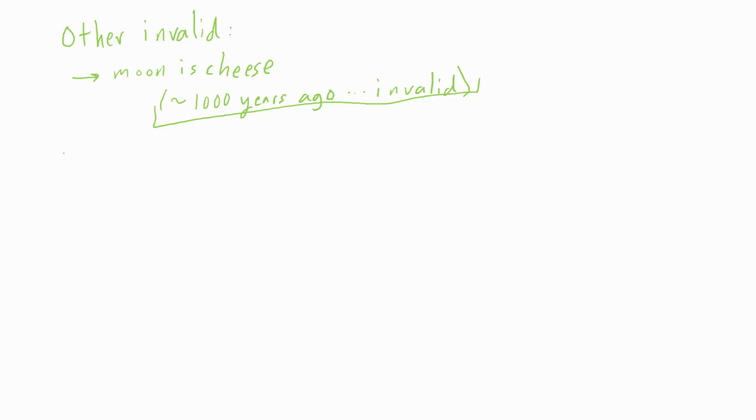A more modern version of this is: the universe is infinite. All right, well, we don't see an end. We can't detect an end, but that's not testable because we cannot get to an infinite edge of the universe and find whether or not there is an edge or there isn't an edge.